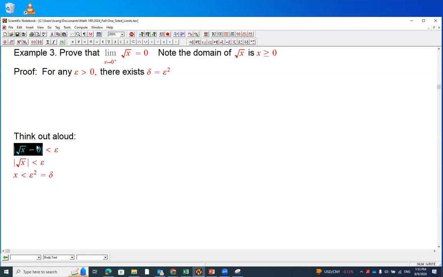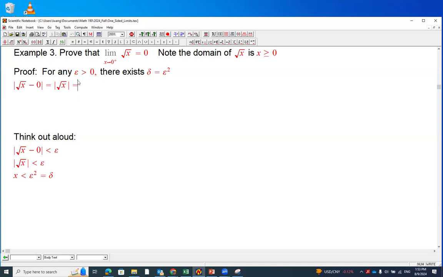Okay, and then we're going to work this to see, so you can see we're working backward. That's equal to the absolute value of root x, because we are approaching 0 from larger than 0.